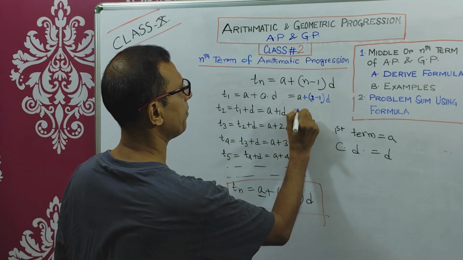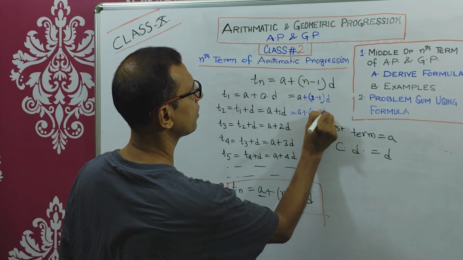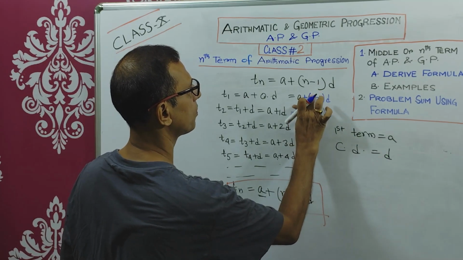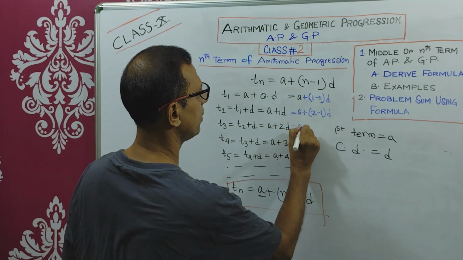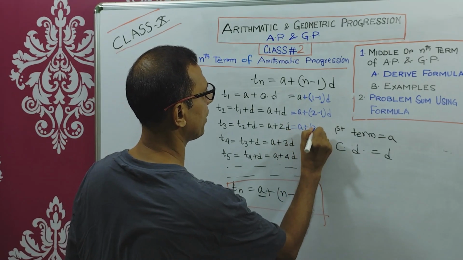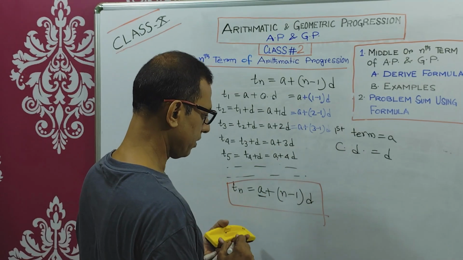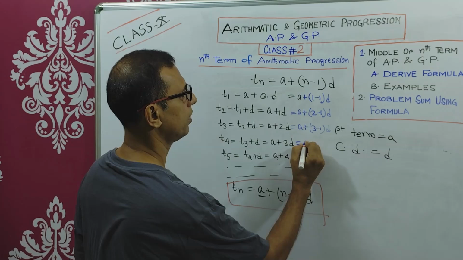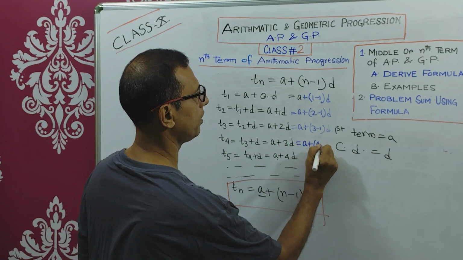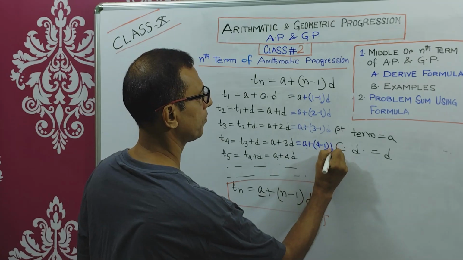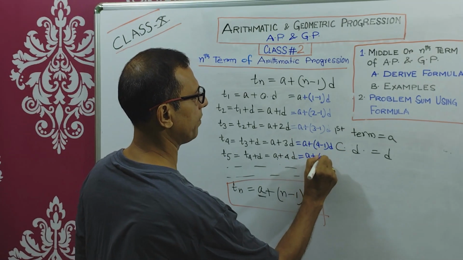This one, a plus d, is a plus 2 minus 1 into d. This one is 1 minus 1, that is 0. Next one, a plus 2d, means a plus 3 minus 1 into d, right? Next, a plus 3d means a plus 4 minus 1 into d. Then a plus 4d means a plus 5 minus 1 into d.